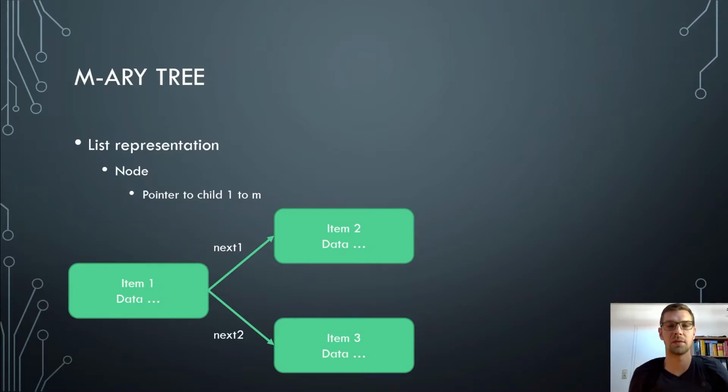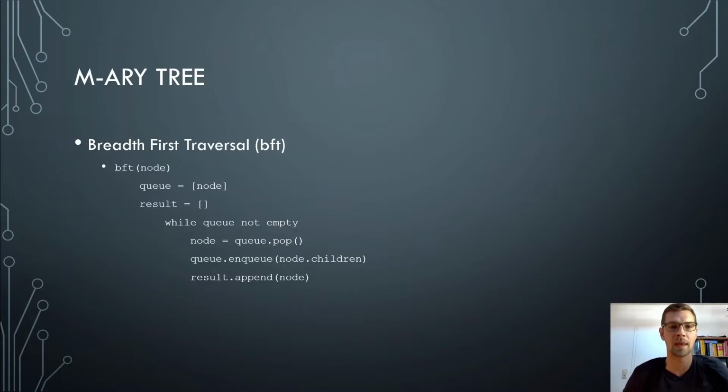Alright, so let's have a look at the breadth-first traversal, because that is usually very interesting if we want to insert data into the tree. We start with our root node and put that in a queue, and we set our result as an empty list.